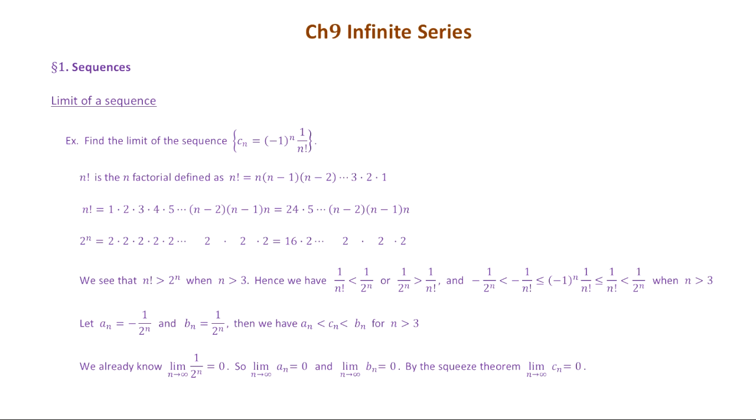The limit of a_n is equal to 0 and the limit of b_n is equal to 0, because they are either -1 over 2 to the n or 1 over 2 to the n. So they have the same limit. By the squeeze theorem, c_n is sandwiched between a_n and b_n, so c_n has to have the same limit. So the limit of c_n is equal to 0 also.